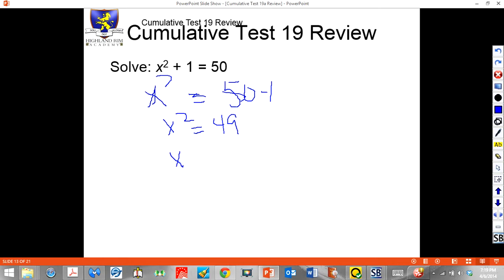That means x is equal to plus or minus the square root of 49. We know what the square root of 49 is. So x is equal to plus or minus 7. That's all this one is. Don't go too far. Don't get scared. Just go through that and solve for x.